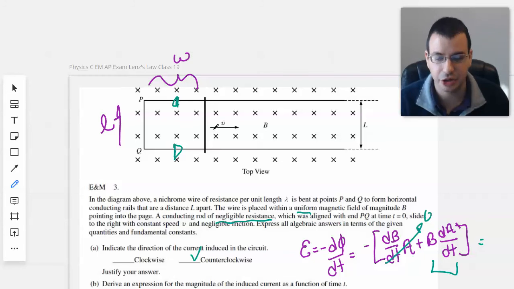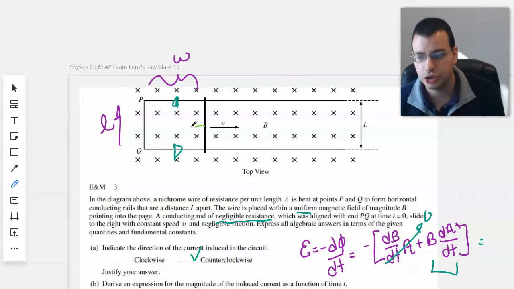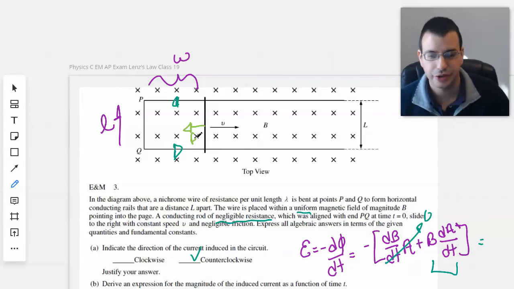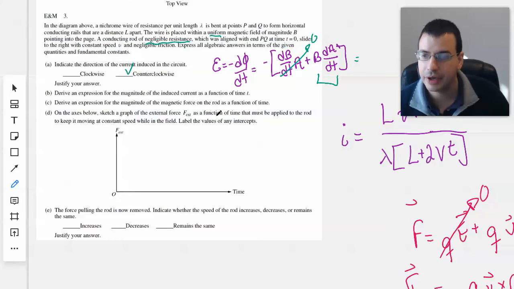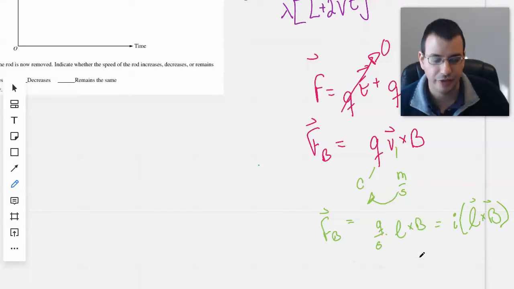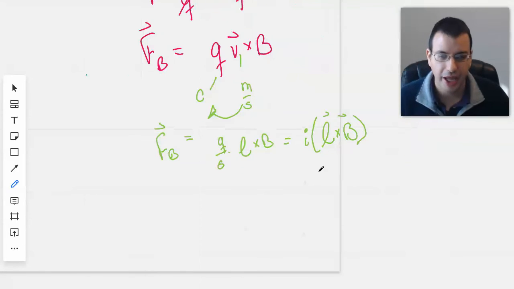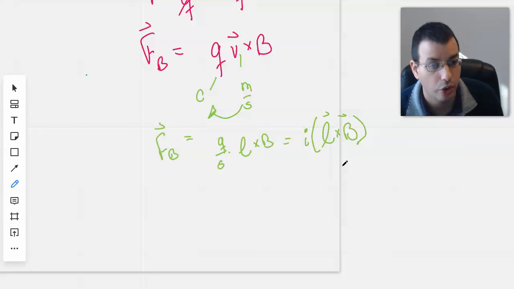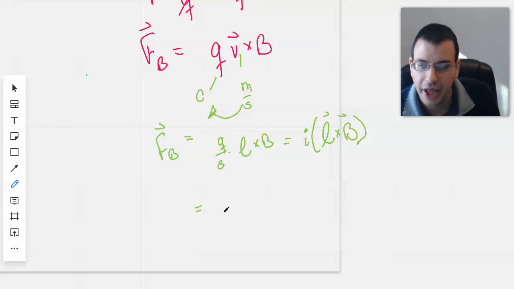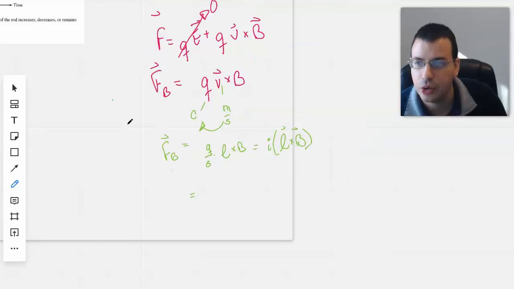And so it's actually going to be creating a force to the left. The induced force as a function of time, okay? And L and B are perpendicular, so their cross product will be 1, since cross products are sine. So we will have I, which we've already discovered.